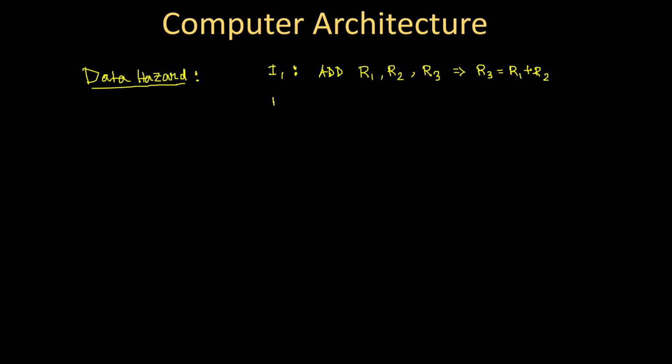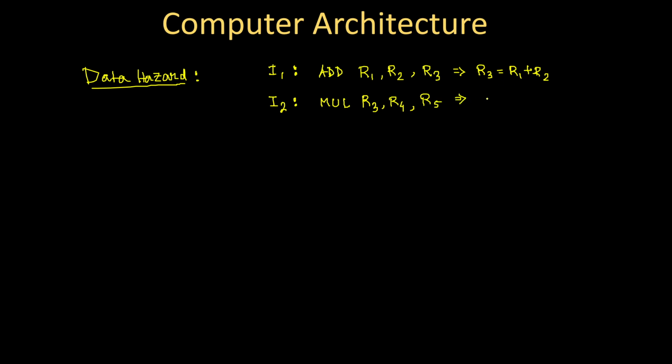And suppose I have one more instruction I2, which says multiply R3, R4, R5. What does it mean?